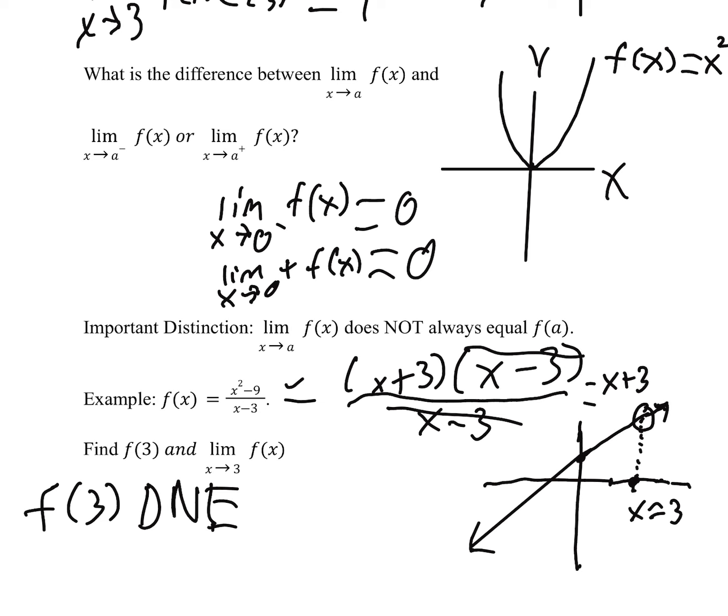You can't equal something that doesn't exist in math. And then the next question says, what is the limit as x goes to 3 of f of x? Well, if we look back at our graph here, if I get really, really, really close from both sides, I'm actually going to approach 6.